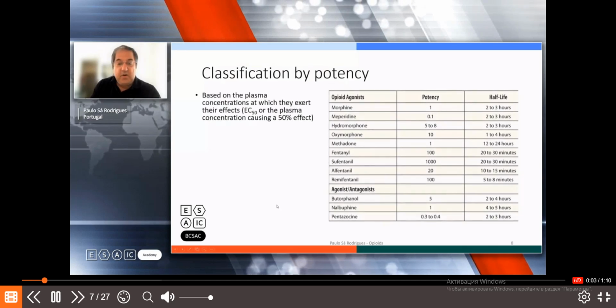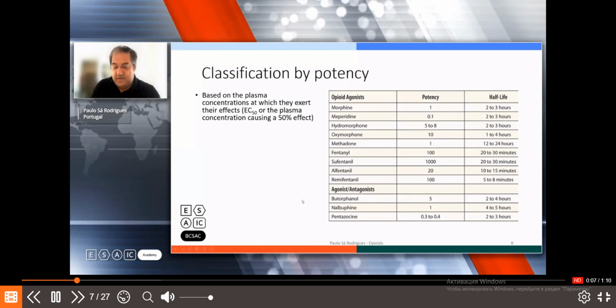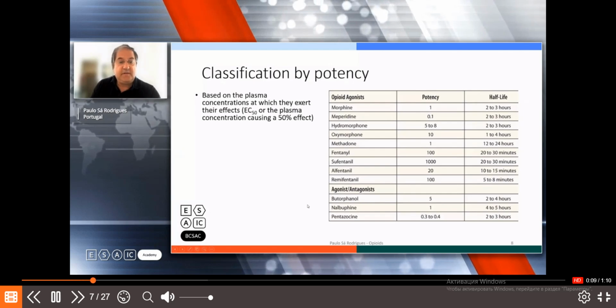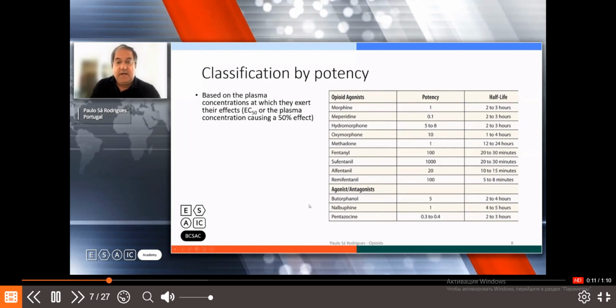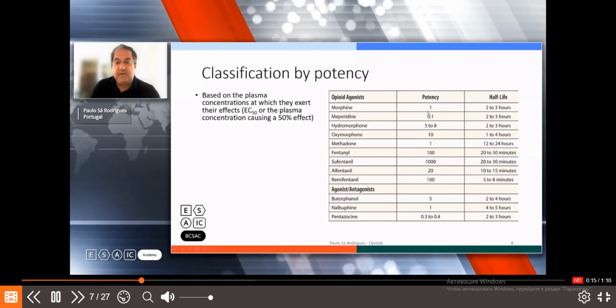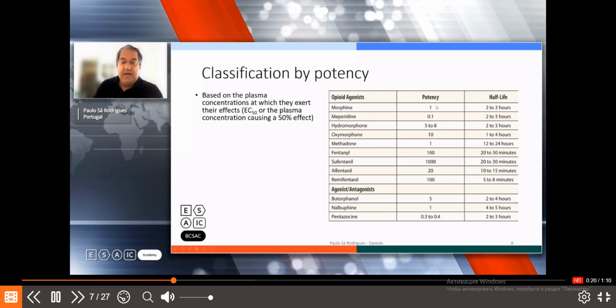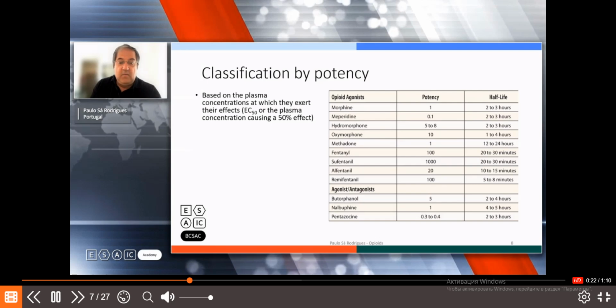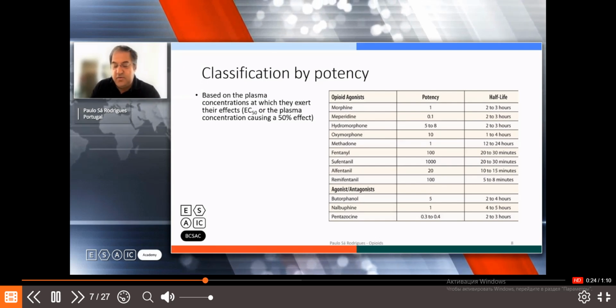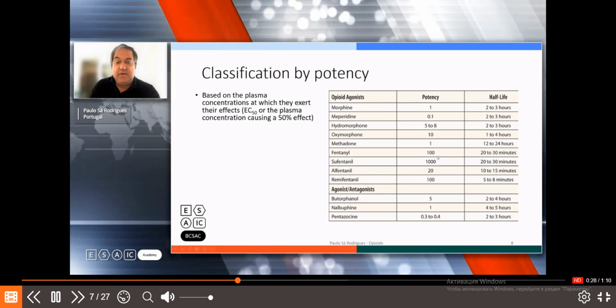And by potency, based on the plasma concentrations at which the opioids exert their effects, and taking morphine as the base for considering the relative potency of all the others, it is important to know that our most used opioids, such as fentanyl, are much more potent than morphine.